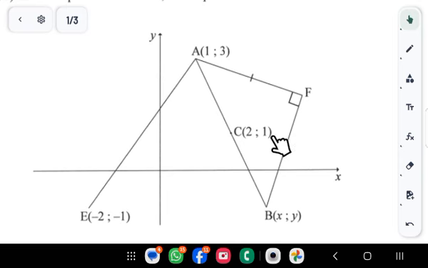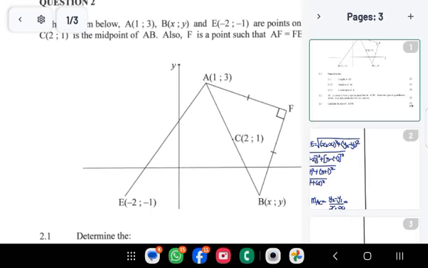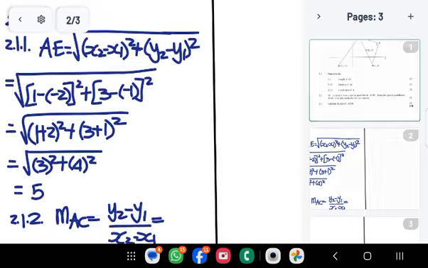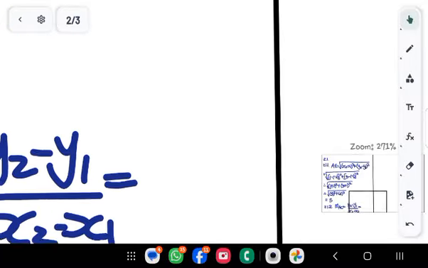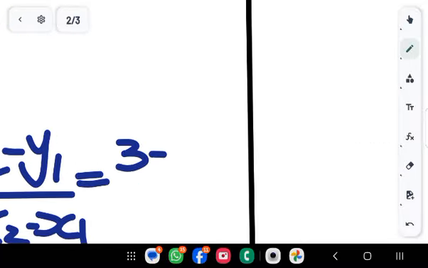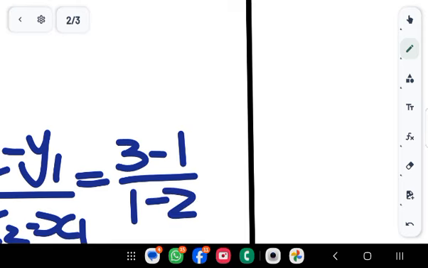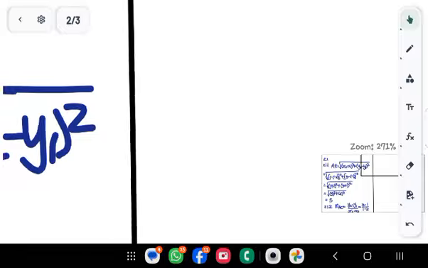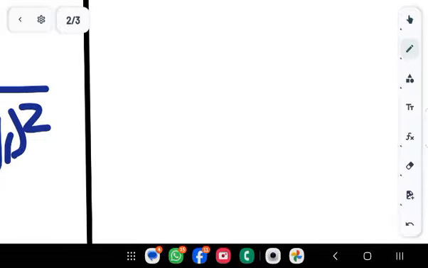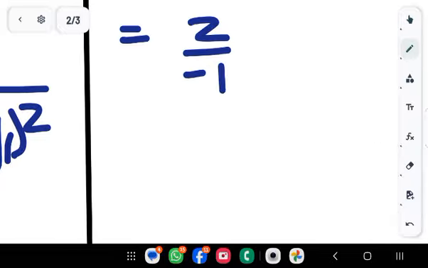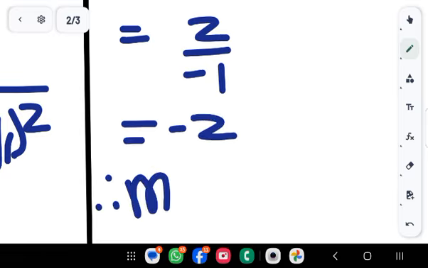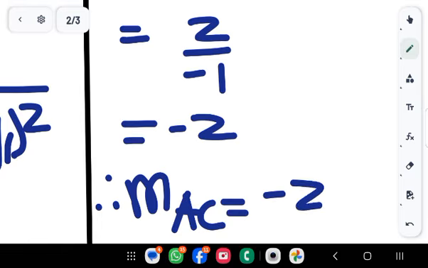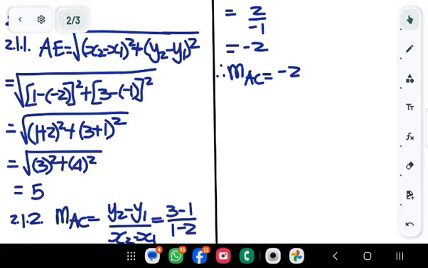So that will be 3 minus 1 over 1 minus 2. And that gives us 2 over -1, which gives us -2, meaning that the gradient of AC is equal to -2.